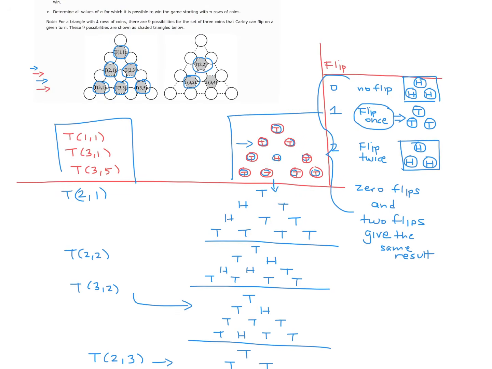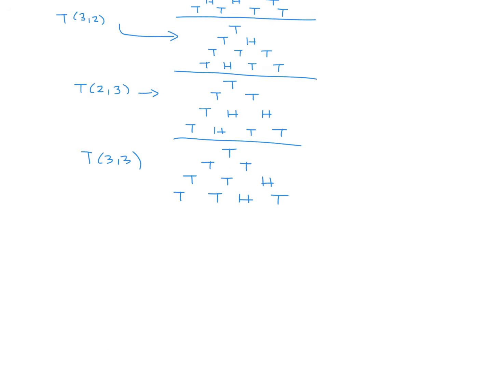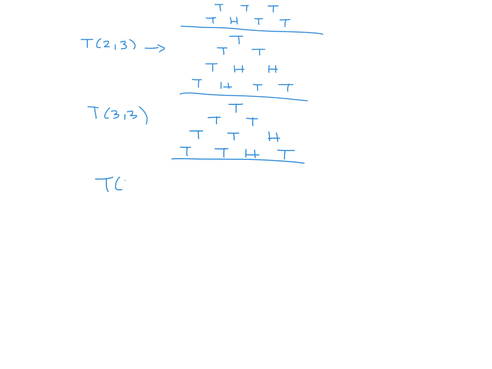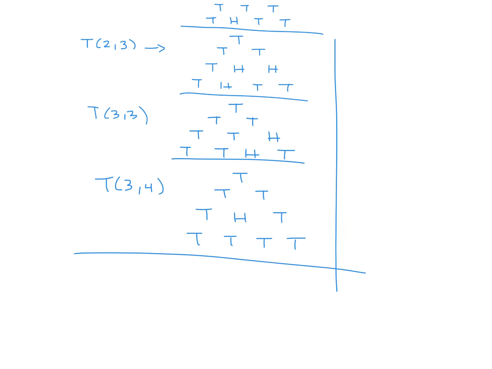And finally, there's only one left, T34. Let's see, what does that one do? That makes it T, H, T. There we go.